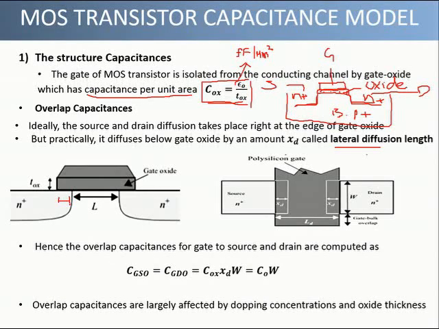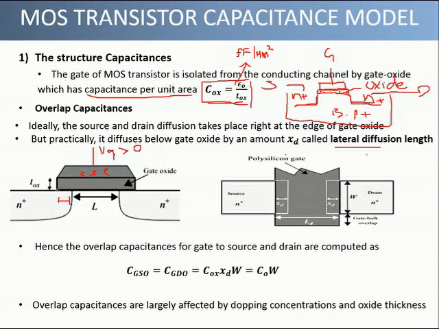Now due to this diffusion we have some capacitance. For example, let us consider the NMOS case. We have a gate terminal which is connected to a positive potential. So in metal gate there are a large number of free electrons over here.